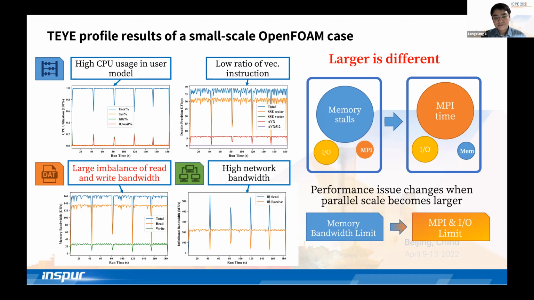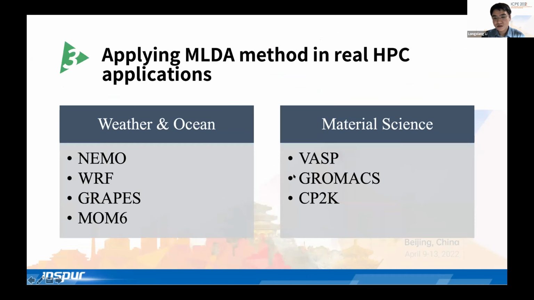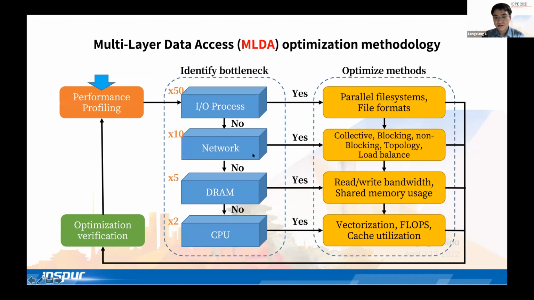I think we can only reduce the limitation. In order to reduce the limitation of the network, we can use some methods such as changing the communication library.